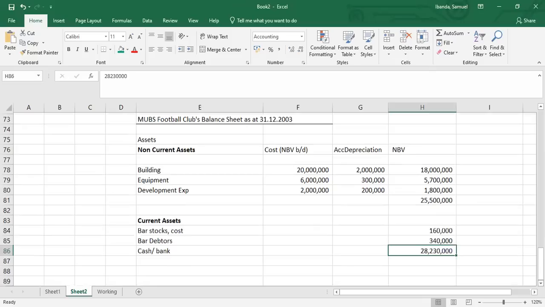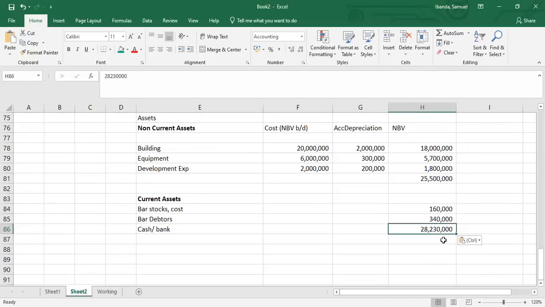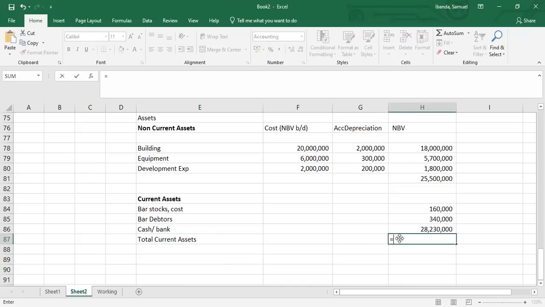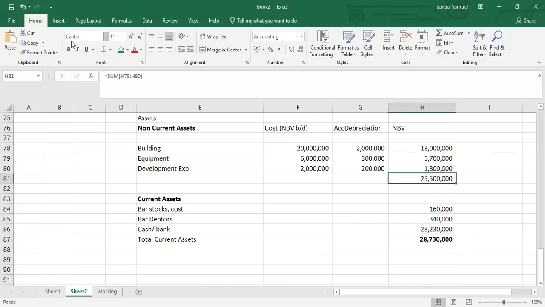I don't seem to have any current assets, okay? So what I'll just do is I can get my total current assets, which is a summation of all these, which gets me to 28. So what I have is this one, and I have this one.